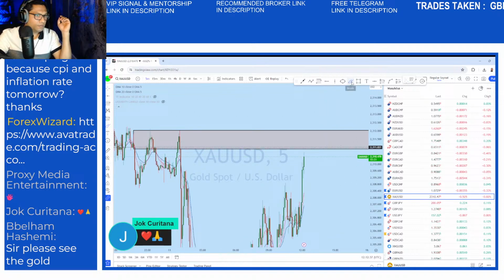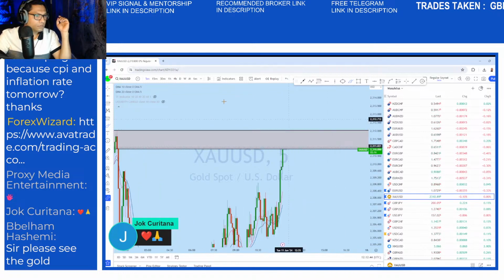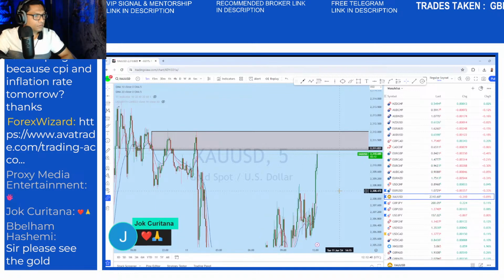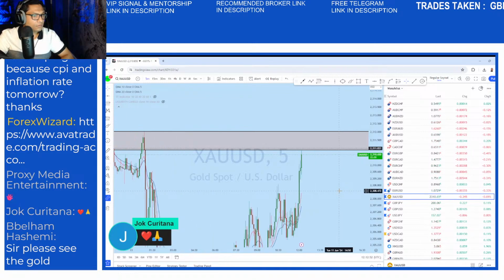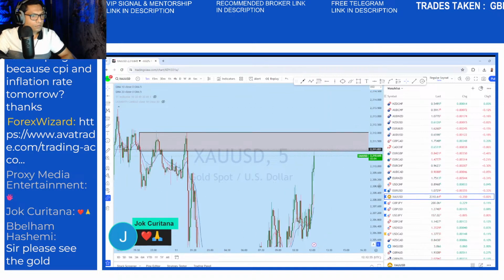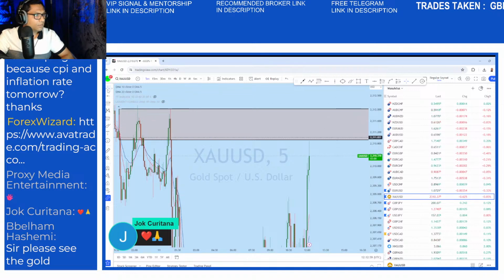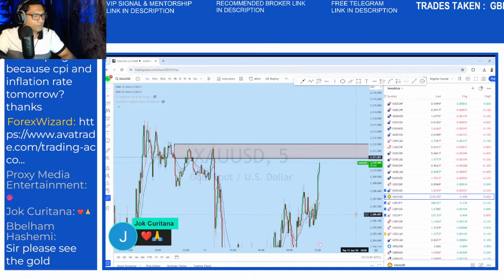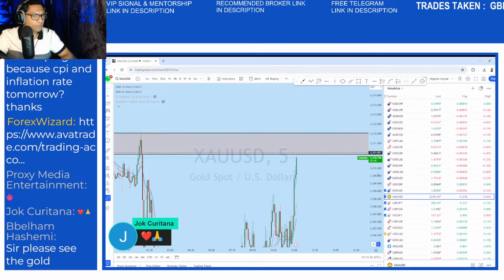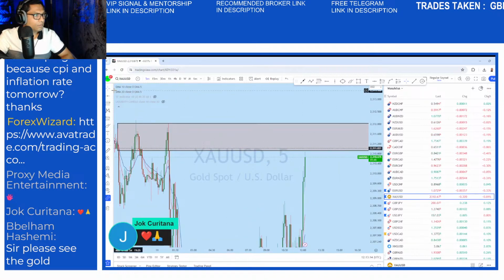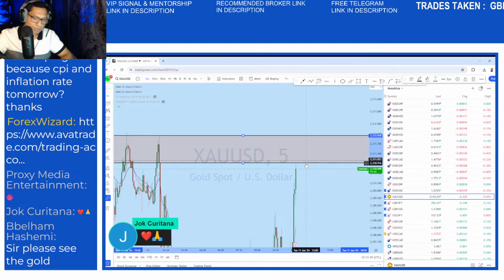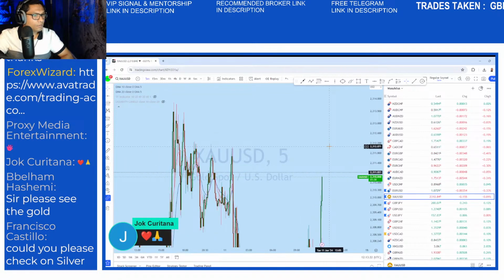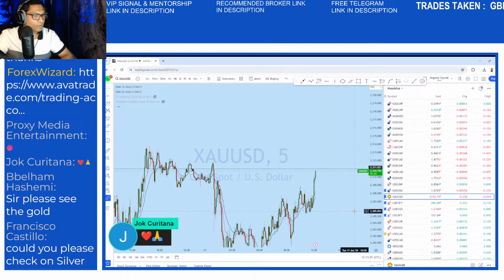So this is a liquidity zone. Expecting it to bounce and to go up.